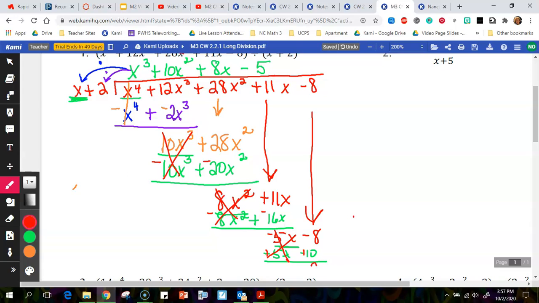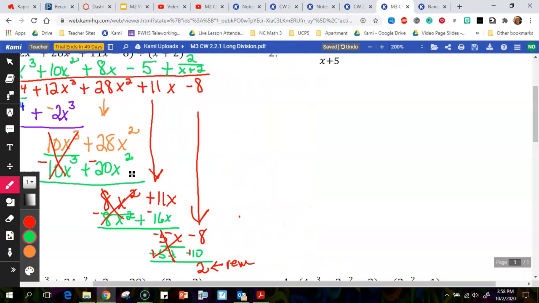Negative 8 plus 10 is 2. All right? So my remainder is 2, but that means it goes up here. It's a positive. It goes up here in the numerator, 2. And then x plus 2, which was my original divisor, goes in the denominator. All right, that's 1.